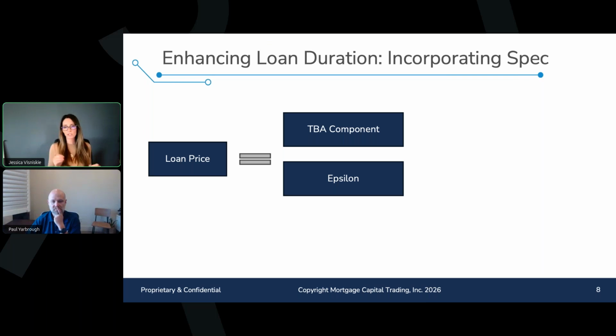So this functionality is probably most relevant to originators that are doing a meaningful amount of spec volume. And we encourage you to reach out to your trading team or to CSG to have a conversation about whether this is something that you want to start utilizing.